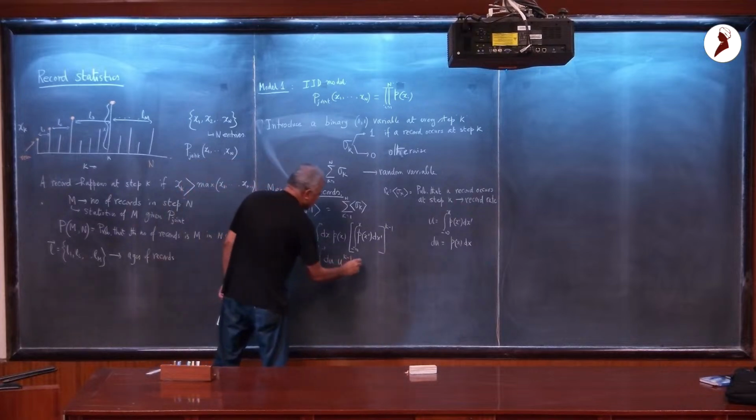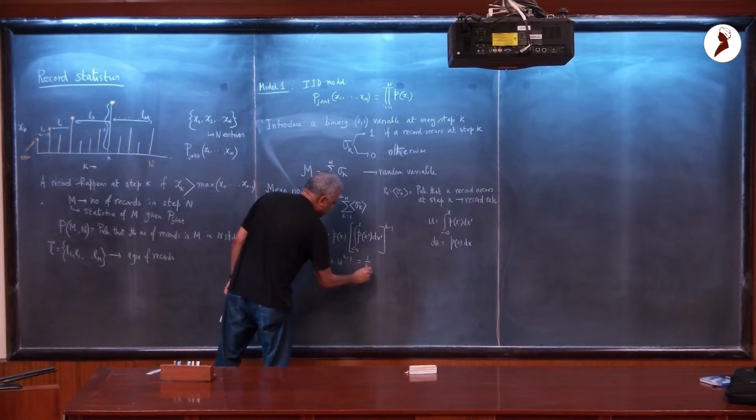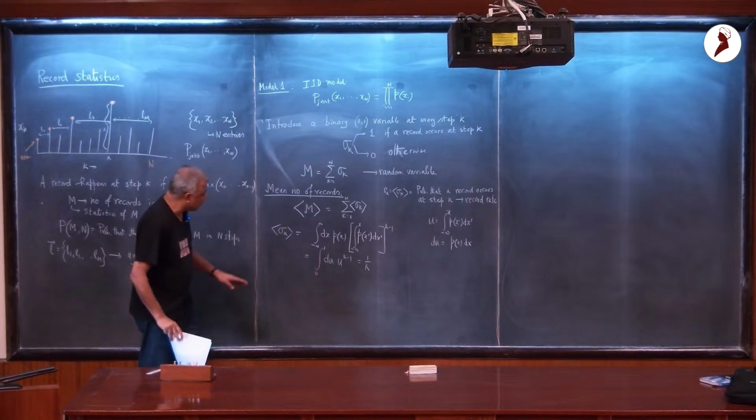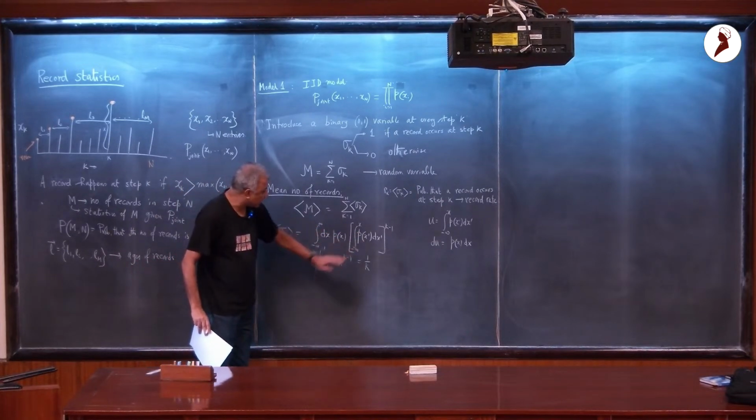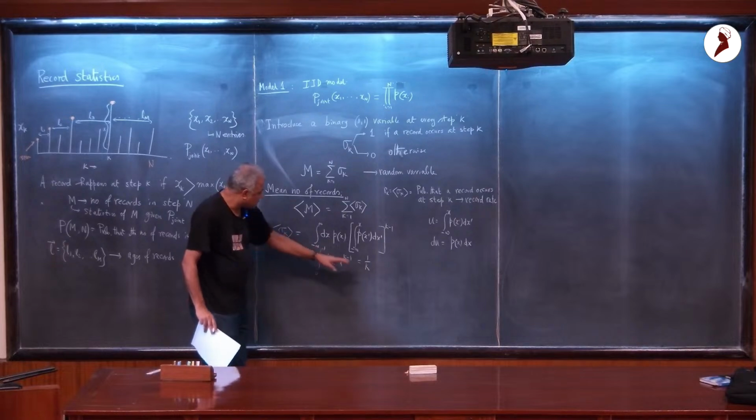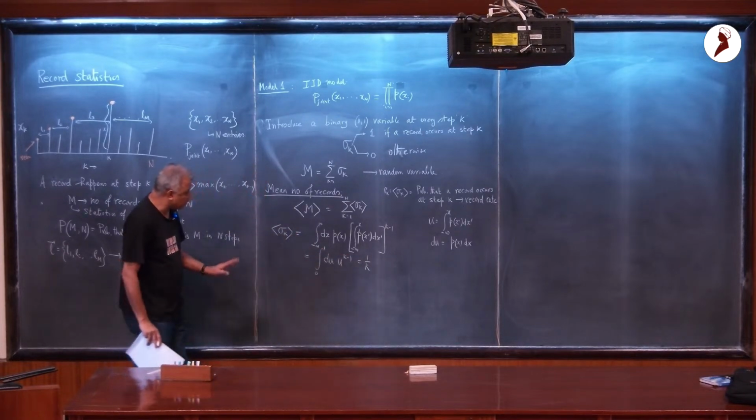And this is just 1 over k. So already you see that this is first of all universal. No matter what the distribution p of x is, this record rate is universal, it's 1 over k, it does not depend on p of x.